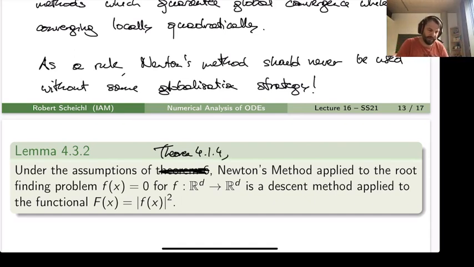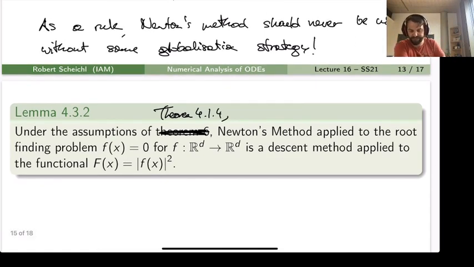we can think of Newton's method applied to the root finding problem f of x equals 0 for vector valued f from R^d to R^d as in fact a descent method applied to the functional capital F of x equals the Euclidean norm of f of x squared.